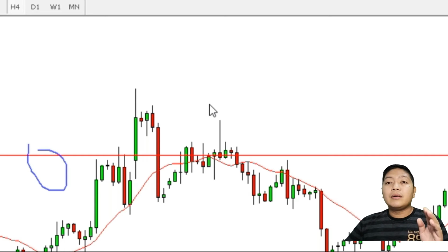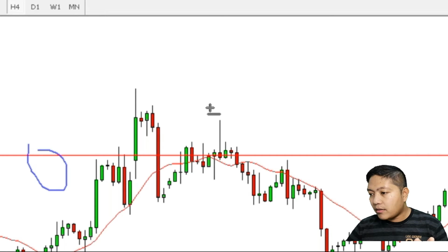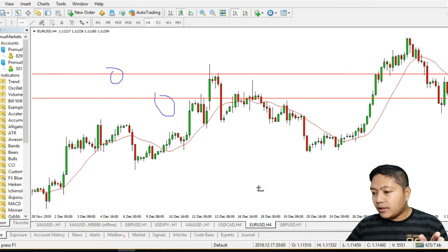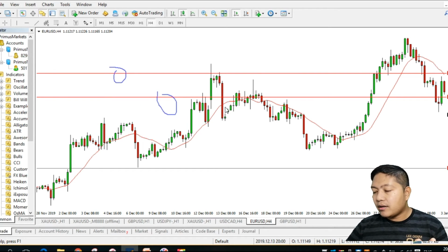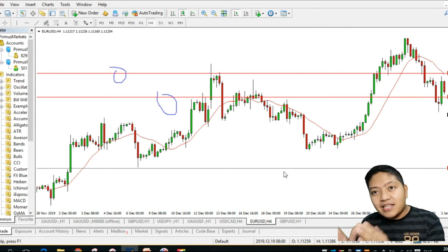That is your stop loss, so you put your stop loss over here, around that portion, and then your TP will be here. So this is your order here, your sell stop, your stop loss, and after that, your TP. Alright, so I hope you got it for the sell order.